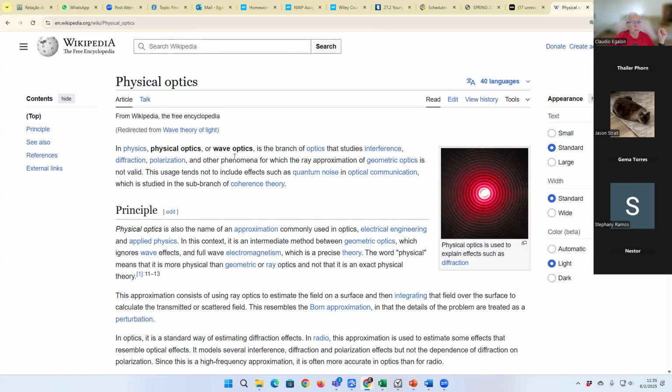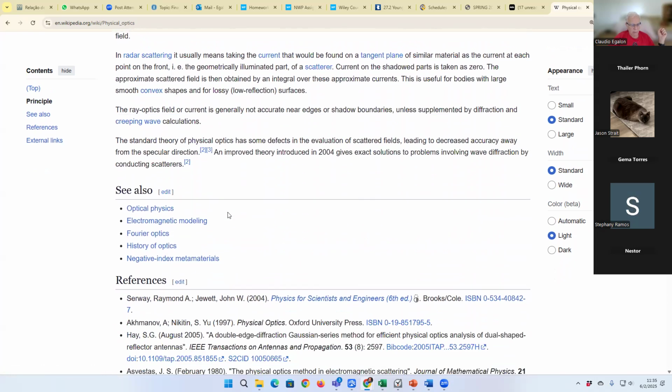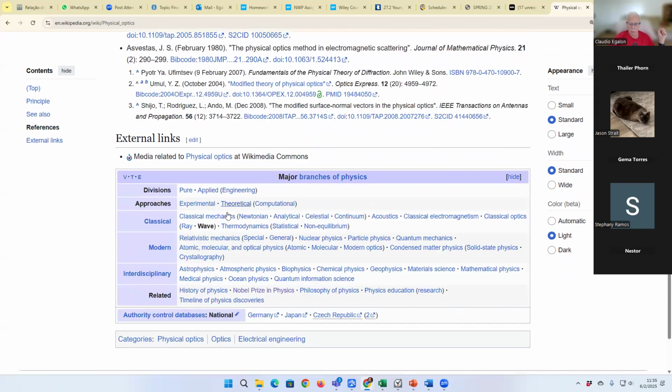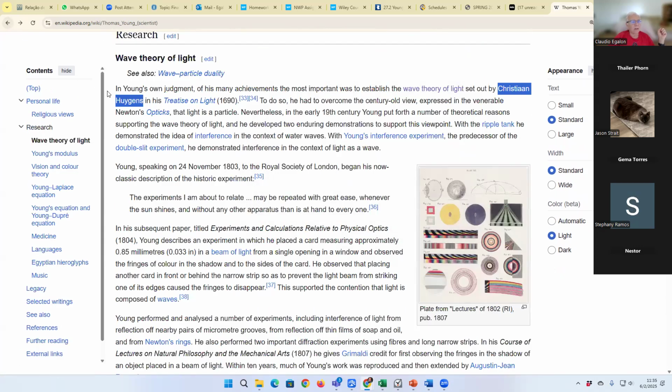Geometric optics is an approximation to wave optics. Unfortunately, they don't have much of a good article here on physical optics. But everything started with Christian Huygens, right?